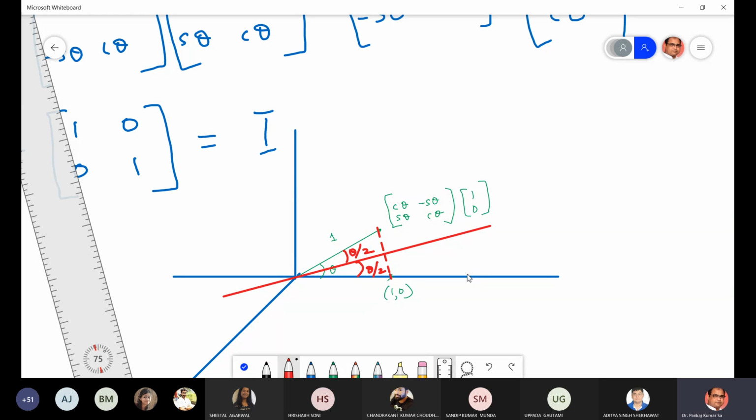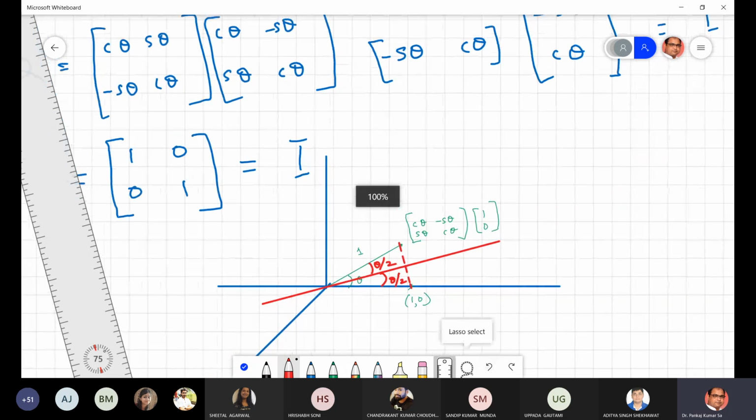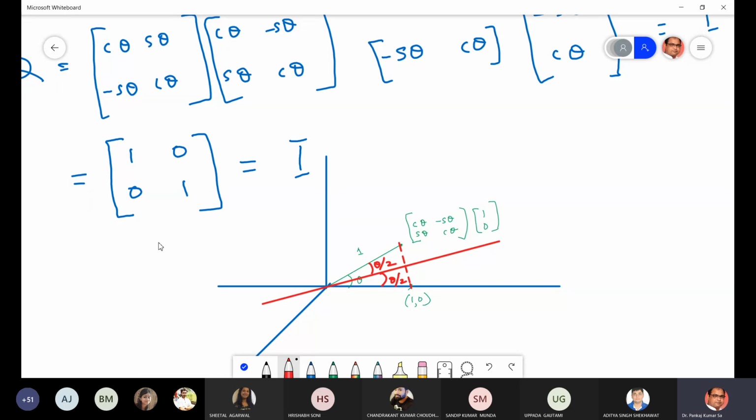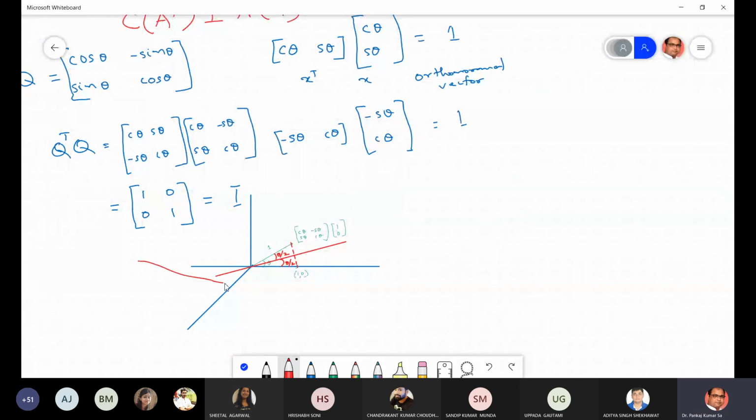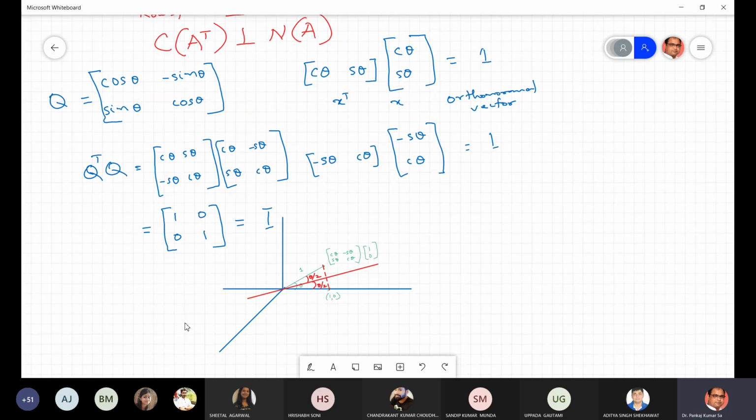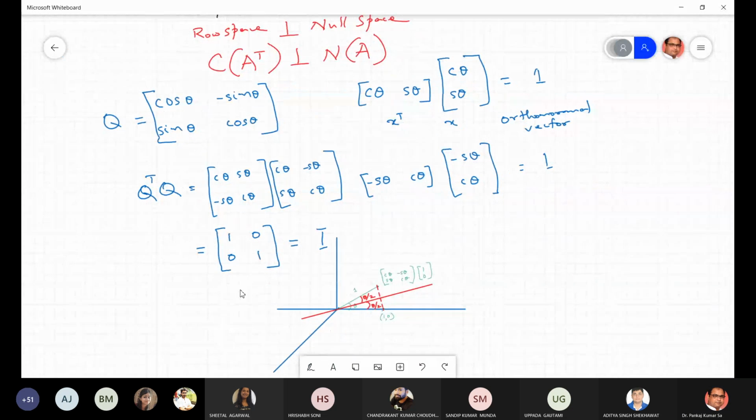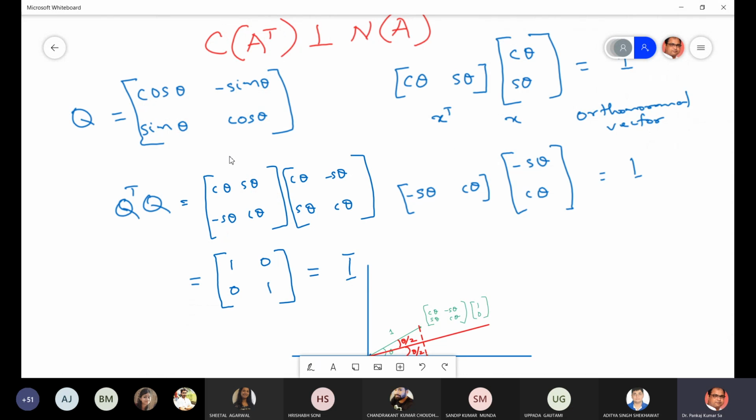So it actually rotates the entire plane by an angle theta, and this is one of the very beautiful examples of orthogonal matrices. There are a lot of things to cover. We'll talk about it in the next class. That's all for today.